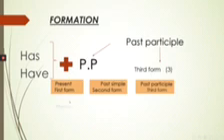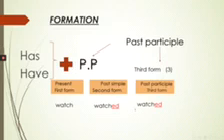And we have one example here. It's watch. So the present form is watch. The second form, or the past simple, is watched. You have to notice that we add ed to the infinitive form of the verb watch to mean that it's past, and the past participle is also ed.